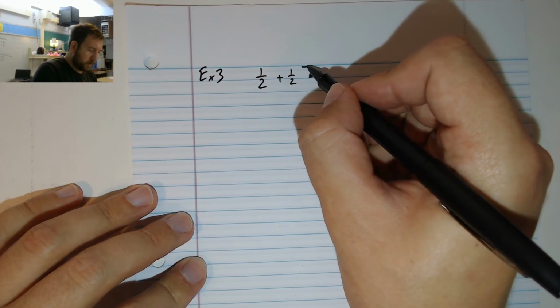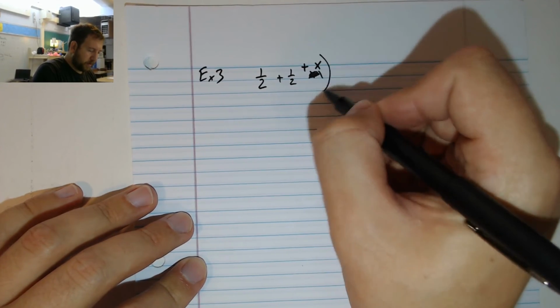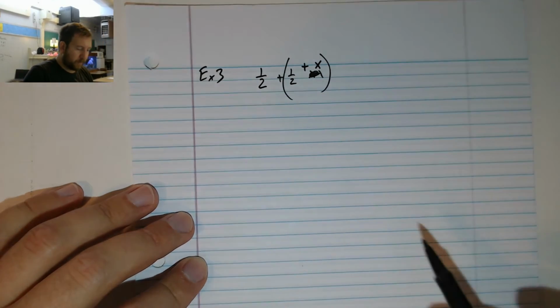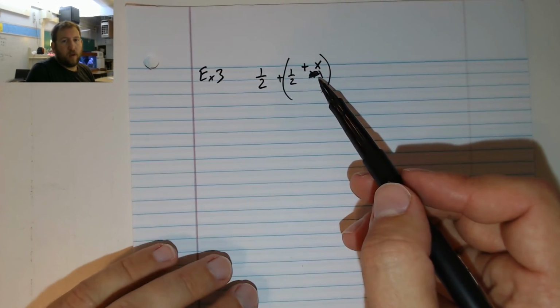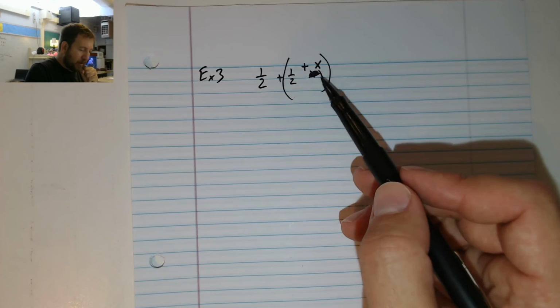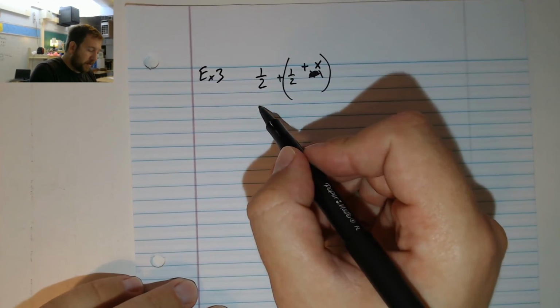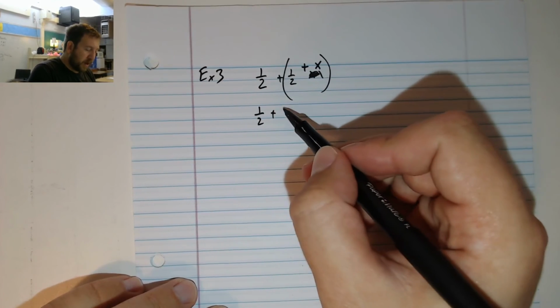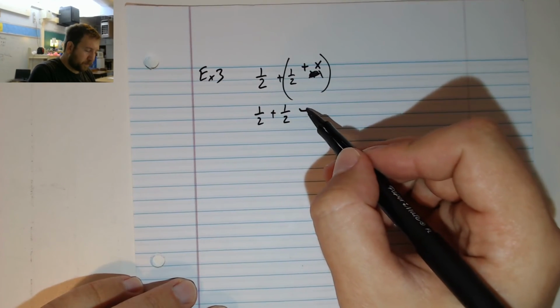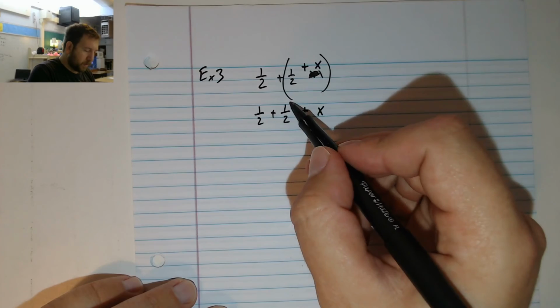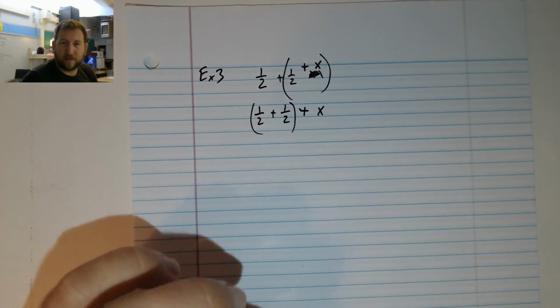Supposed to be a plus x quantity. So in my normal order of operations, I would have to do this, but I can't simplify 1/2 plus x. But what I can do here is use my associative property to move the parentheses around the first 2 parts.